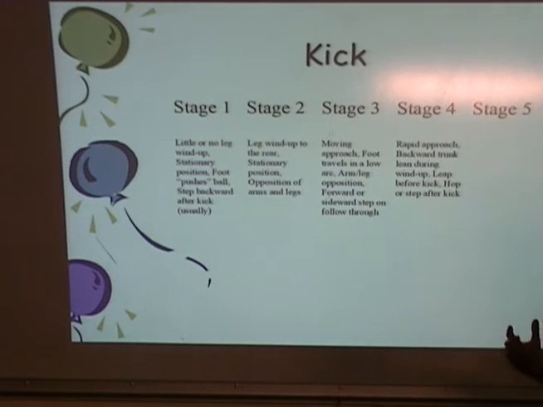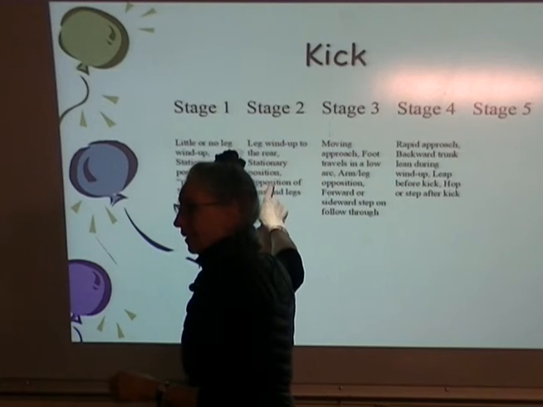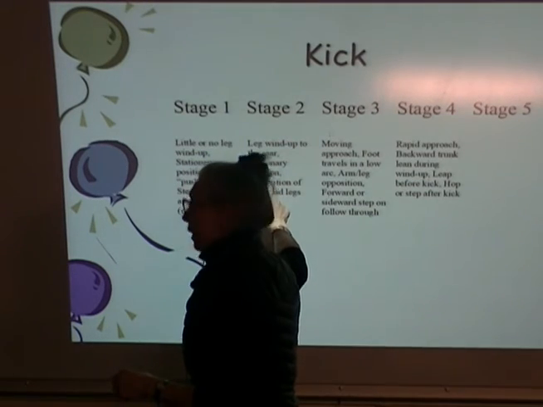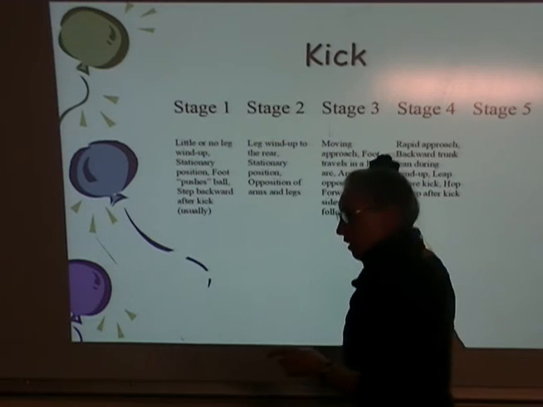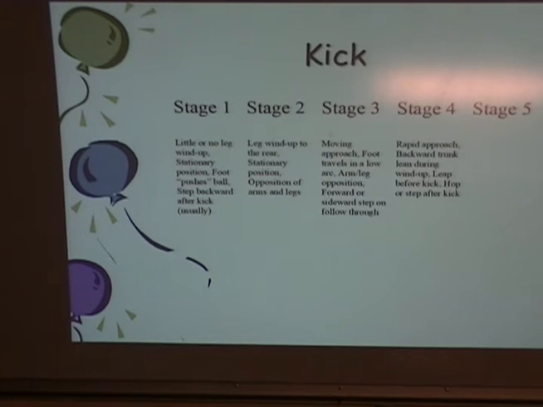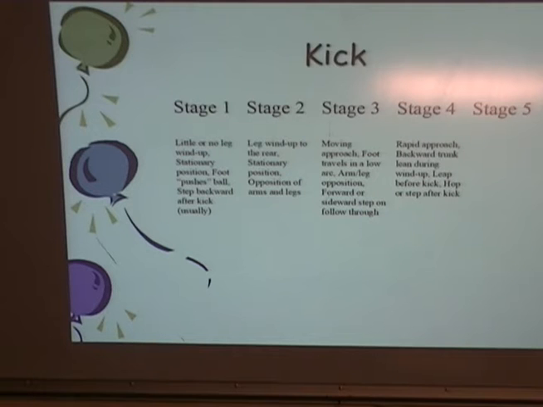Because what you'll see is they'll run, they'll stop, and they'll kick the ball, right? That's stage 2, right? It might look like stage 3 because there was a moving approach, but if you pay attention, they stop and then they kick, right?